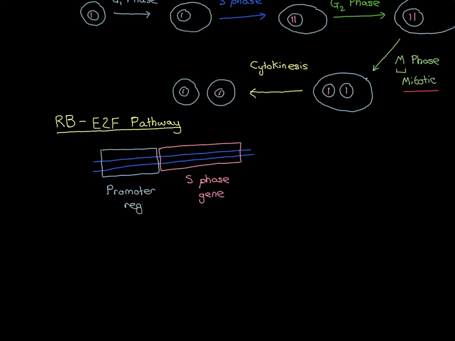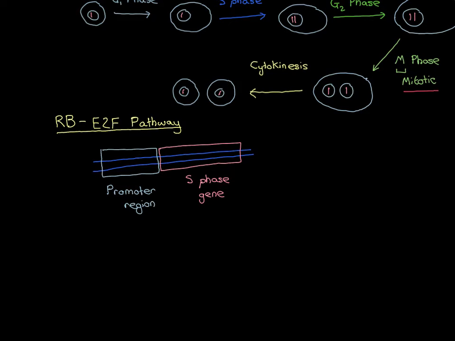So all genes in the human genome have a promoter region upstream of them, and this promoter region is involved in controlling how much of the downstream gene is actually going to be produced. They control how much transcription of the downstream gene is going to occur, and therefore they control how much mRNA of the downstream gene is going to be produced, and therefore they control how much of the protein is actually going to be produced.